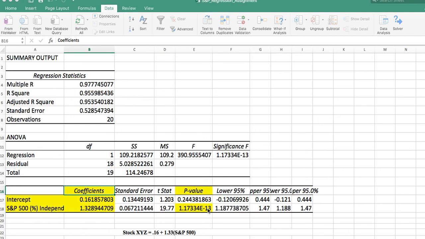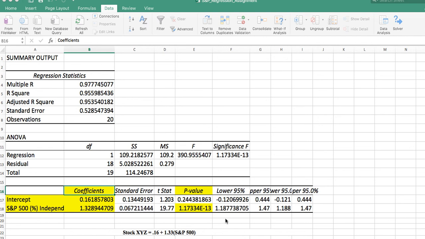This mathematical equation for a straight line, which I've identified here, is really what I wanted you to write out: stock XYZ is equal to the intercept plus slope times the S&P 500. So I can use this equation to forecast the performance of XYZ based upon changes in the S&P 500.